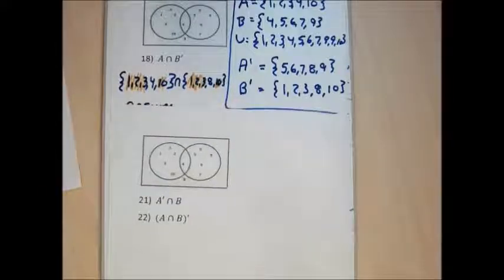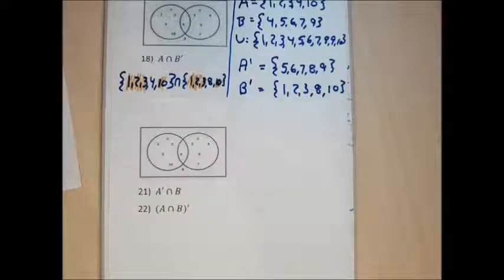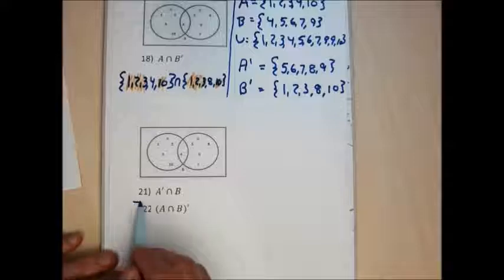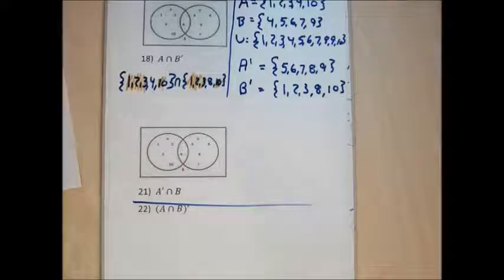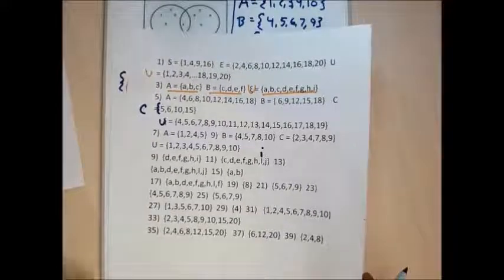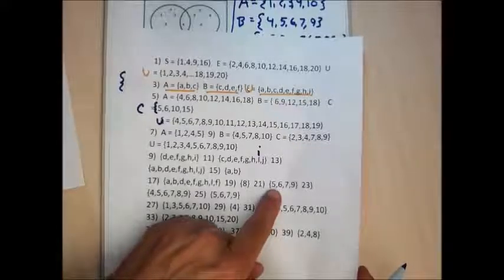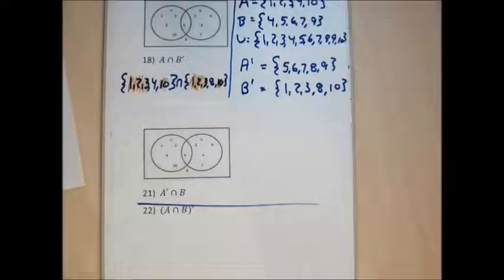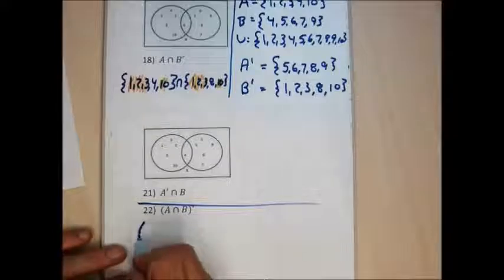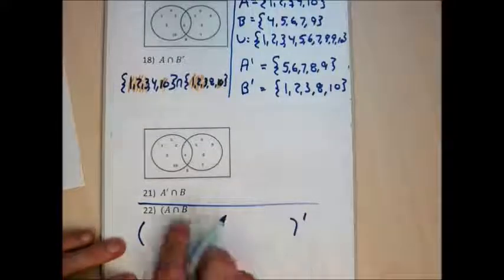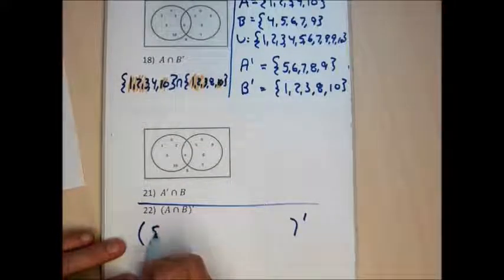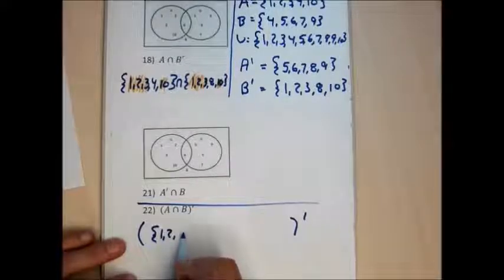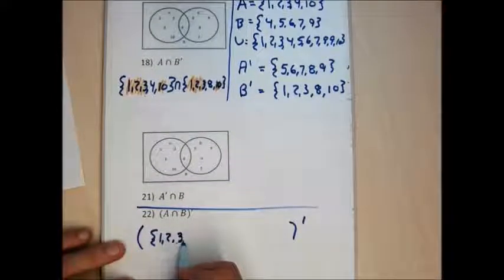All right, so 21, 22, I'll do 22, you could do 21. If you don't want to watch me do 22, the answer to 21 that I have written down is 5, 6, 7, and 9. You can fast forward and not watch me do this. For my problem 22, first I have to do the intersection of A and B. A is a set containing the numbers 1, 2, 3, 4, and 10.